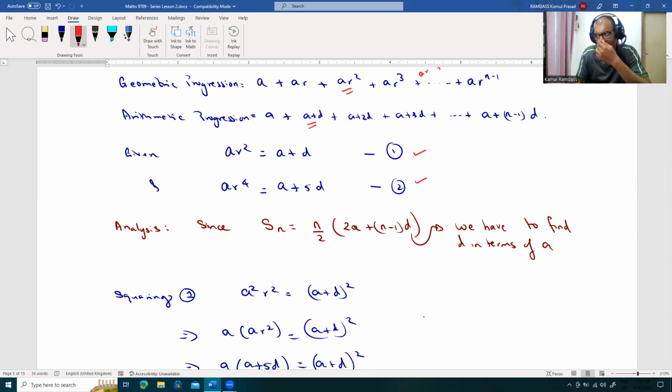Here we take 2a plus (n minus 1) into D, and from these two equations we need to find D in terms of A.